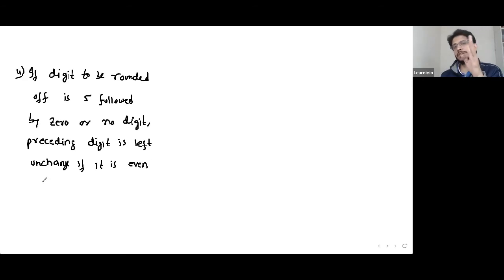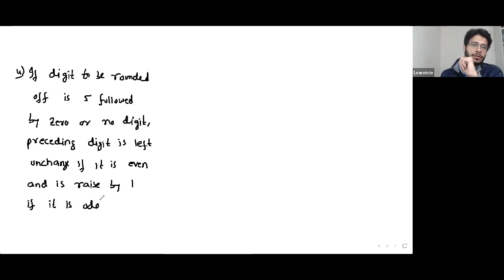If the preceding digit is even, then this is left unchanged, and is raised by 1 if it is odd. If your preceding digit is odd, then this is raised by 1. But if it is even, it's left unchanged.